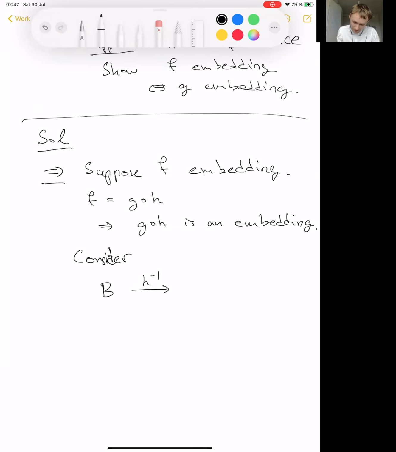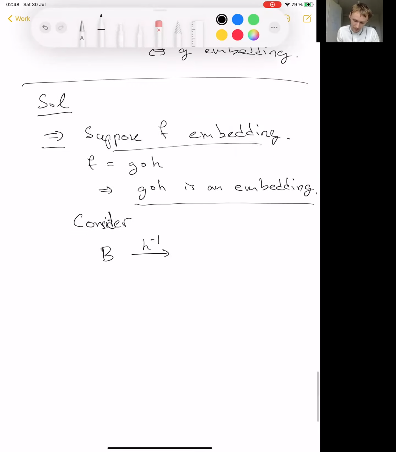We suppose that F is an embedding. We have that G composed with H is an embedding. Perfect. We take the diagram and apply H inverse, go from B to A via H inverse, and we go to X via G, and we go from A to X via G composed with H. H was an equivalence, so also an embedding.